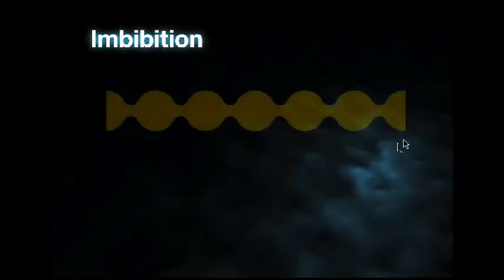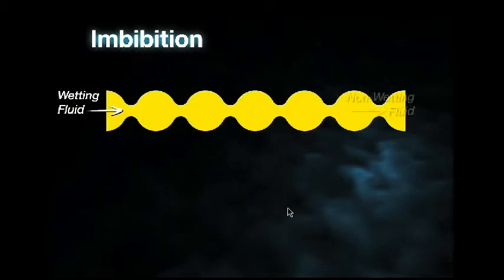Well, take a look at this imbibition here. We have wetting fluid all over here. So what we have here is a capillary tube that varies its radius. Okay? So we have one radius here, another one here.